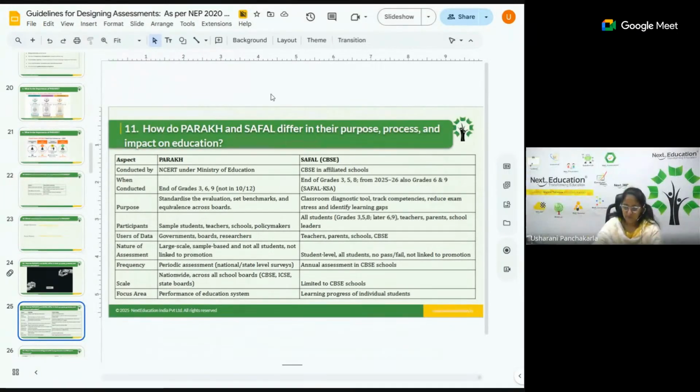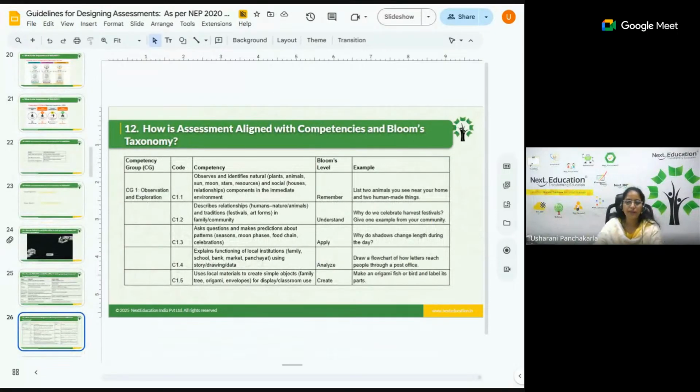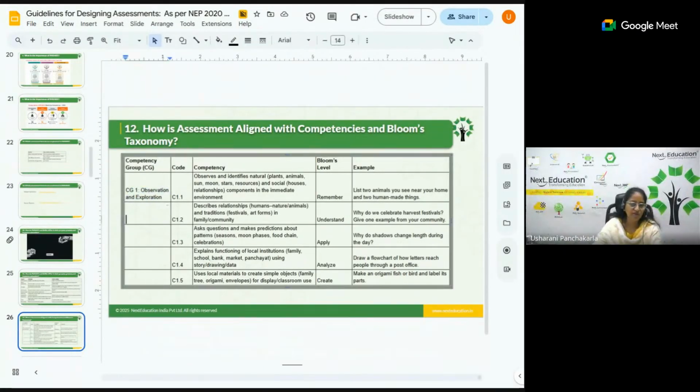Coming to the next one, as I'm saying repeatedly, the competencies. So what are these competencies? This I have taken from the preparatory stage, that is grade 3 to 5.